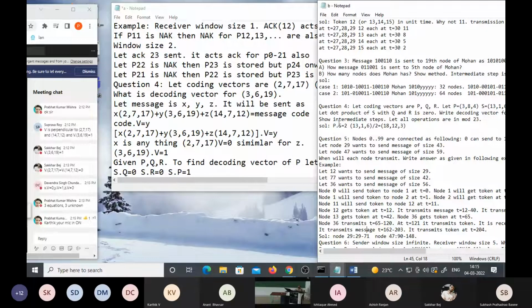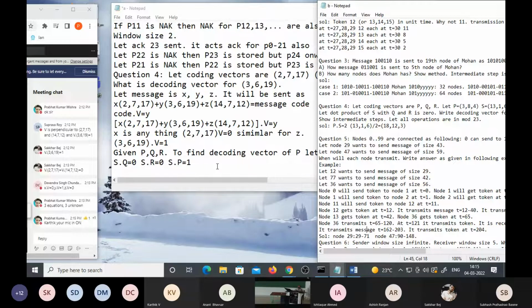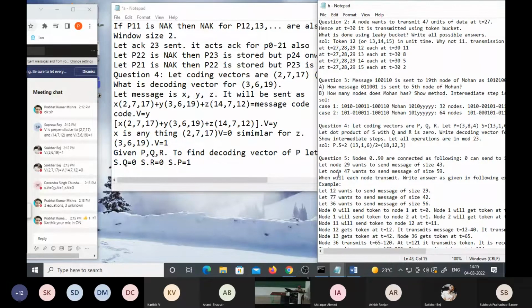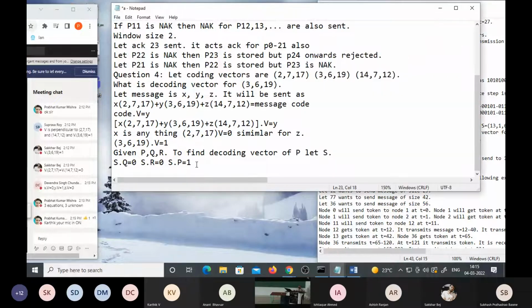Here, S dot P was given to be 2. So we divide S by 2 and we get the answer. It is not important. Now, we come to question number 3. Again, people have not given the justification.